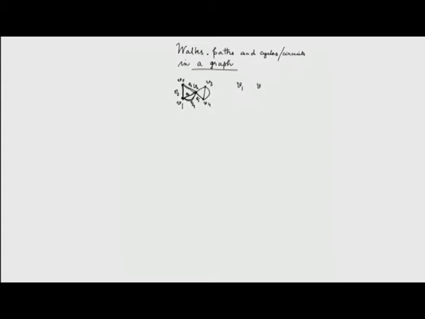Now, the question is that how do we specify a walk? Here we see that we have started from one vertex which is called V1 and moved to V2 through one edge E1, and then from V2 we have taken another edge E2 and moved to V5.